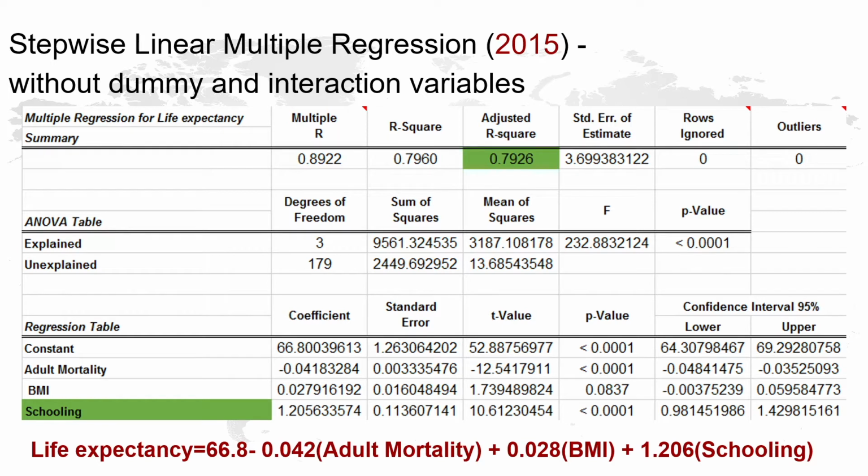When we carried out stepwise multiple regression without dummy and interaction variables for 2015, it shows us that with an accuracy of 0.79, the equation for life expectancy is as follows, and for every additional year in schooling, the average life expectancy of that country would go up by 1.206, averaged over the entire country.